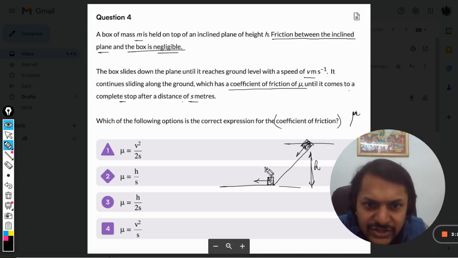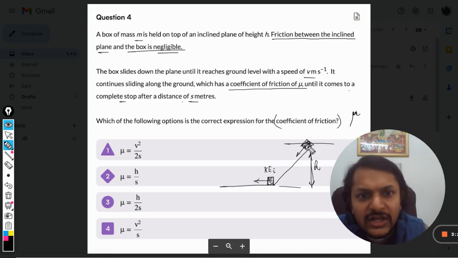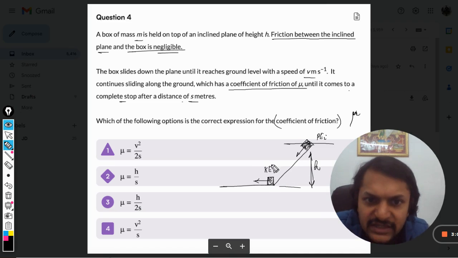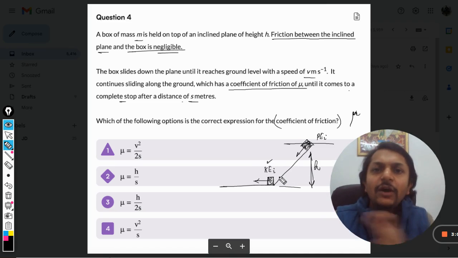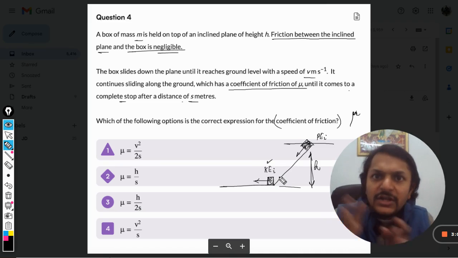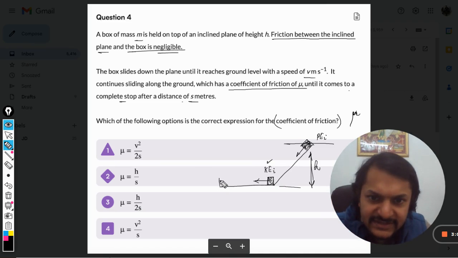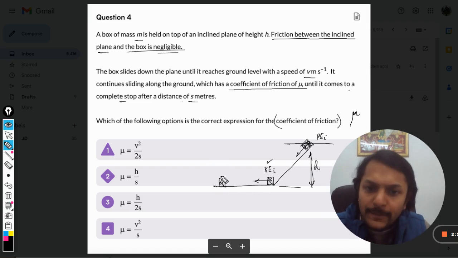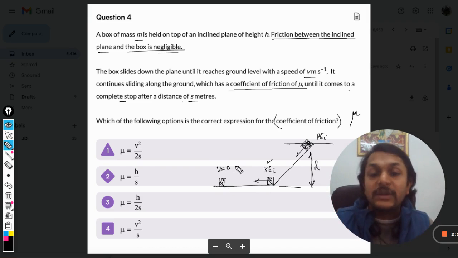So the kinetic energy is equal to the initial potential energy, which can be taken as mgh. Anyways, this kinetic energy is now lost because after going some distance, let us say after reaching this much length, it stops and all of the kinetic energy is lost and the velocity becomes zero at that point.